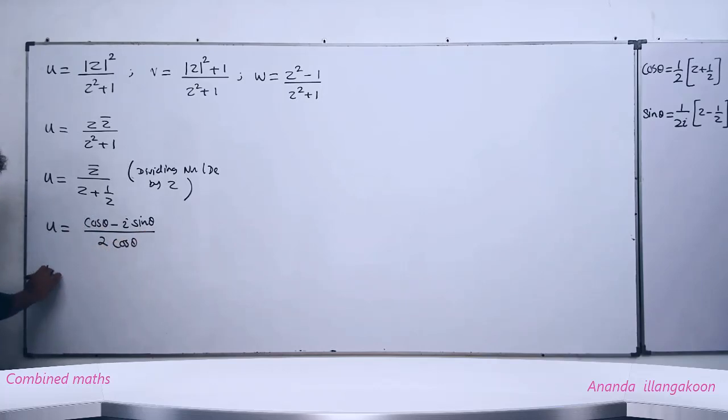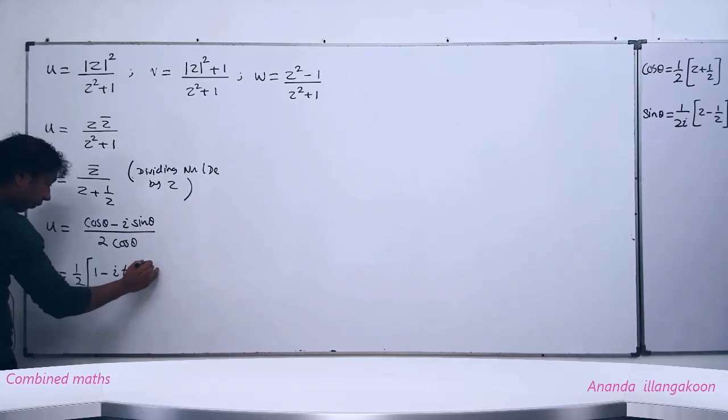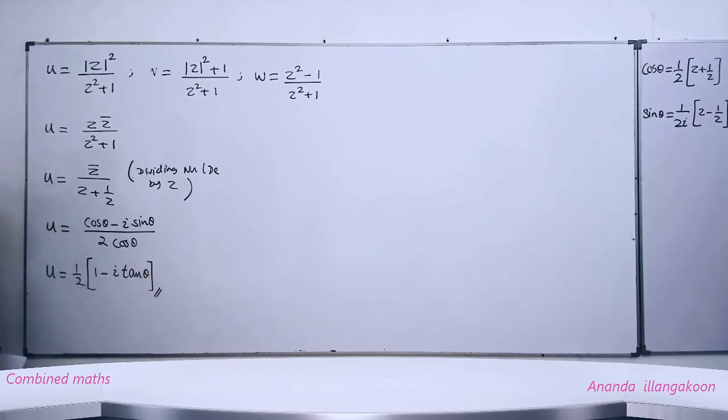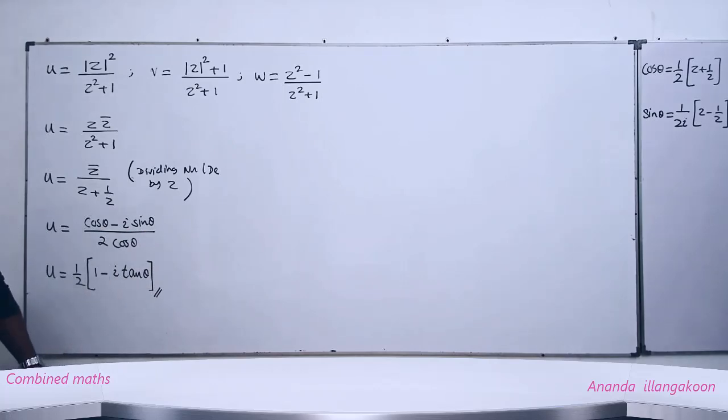Then we can take this 2 before. It's half, cos theta times 1 minus i sin theta by cos theta, which is tan theta. This way we get that. Right, V, the next one.